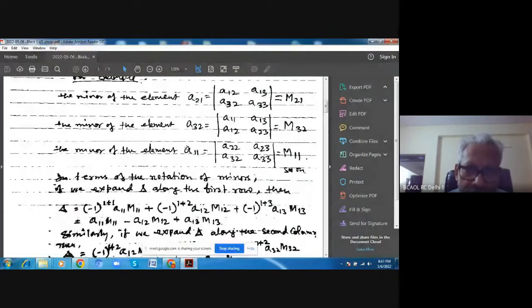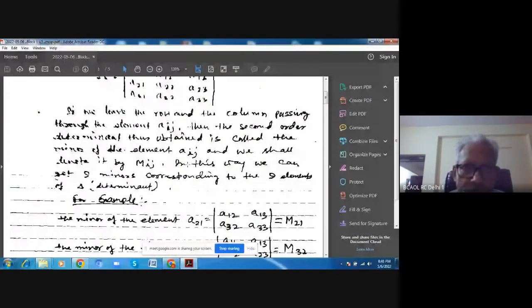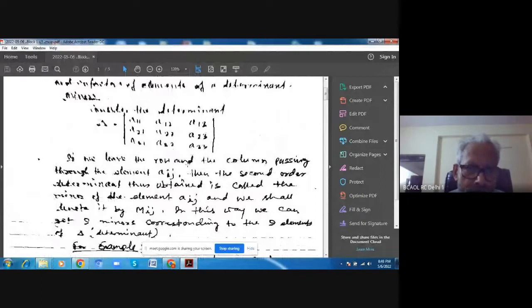Then again you write this portion and minor M11, plus again -1, the notation will come. Then next is 1 plus 2, means A12, the second element of the first row, this one.